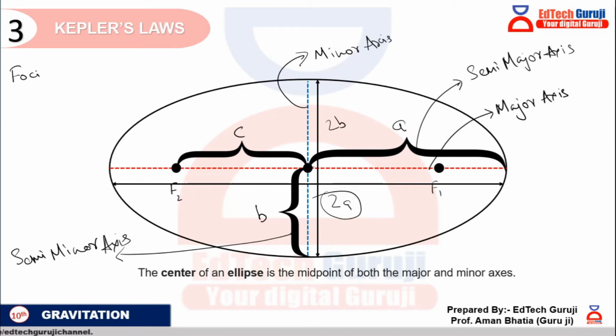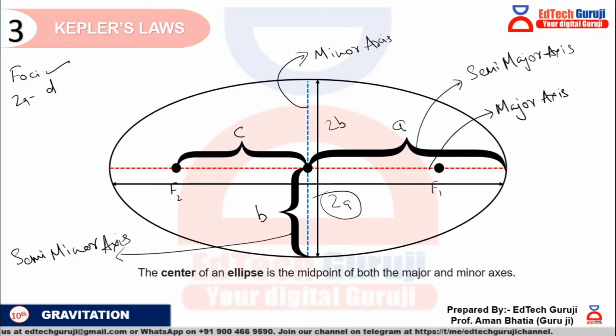I am talking about lengths. Now, this 2A is very important. The ellipses we are studying are known by a few important things. Number one is its foci, and number two is the distance 2A. Why is this important? We will discuss in some time. The third thing I will tell you in the next slide.